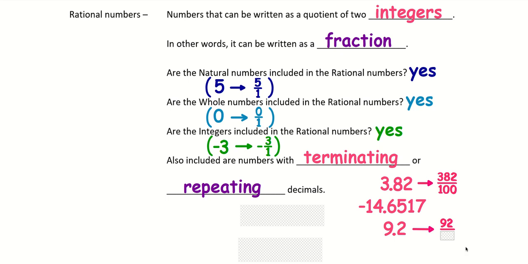It fits under the rational umbrella. 9.2 you can write as 92 over 10, or like 9 and 2/10, which you could then change to 92/10. But also included is anything that has a repeating decimal. If it repeats a pattern forever, it also fits in the rational set.